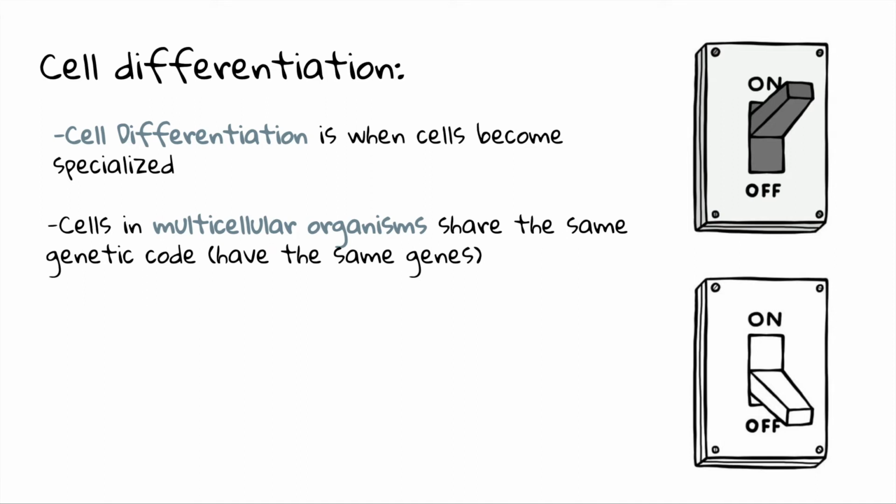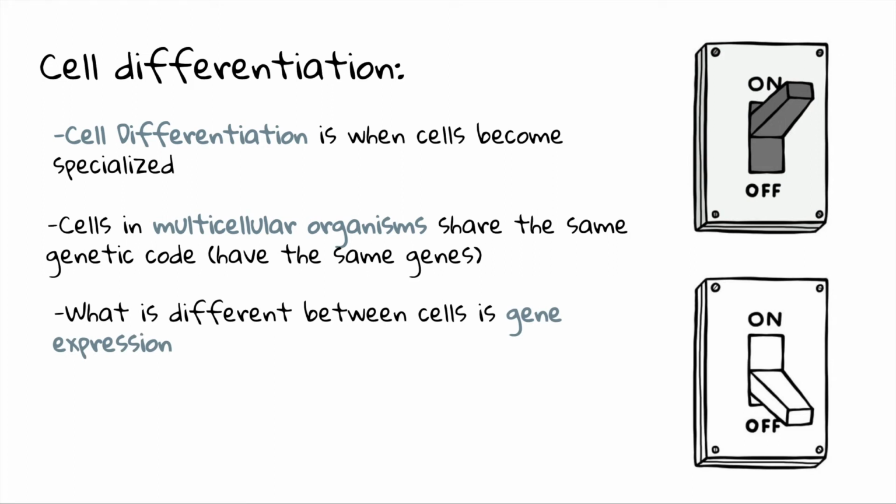It has the full genome, which is the organism's entire set of genes. So it has the instructions to develop into any type of cell. During differentiation, the genes that are not required are switched off, so only the specific genes needed for the cell to be specialized for its function are expressed.